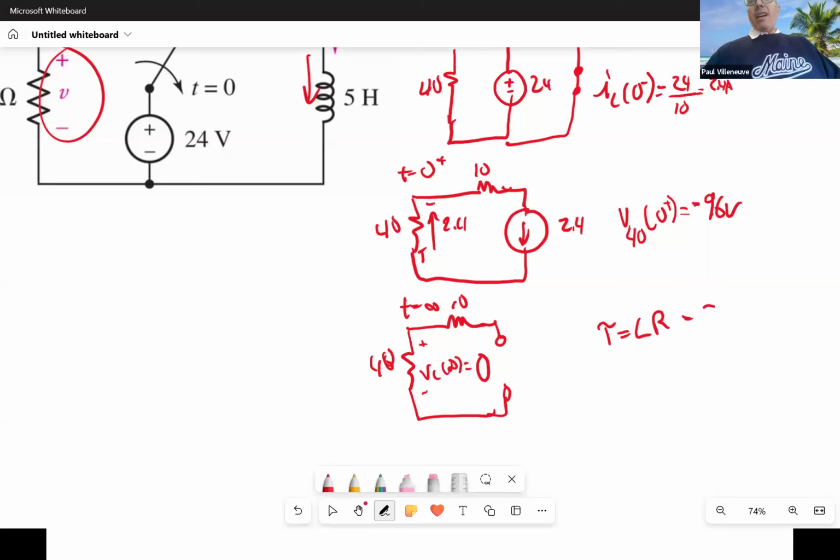It's equal to 5 Henry. What's R equal to? What is it? 50 ohms. It's the same thing. It's R Thevenin. It's the effective resistance seen by the inductor. So it's just R Thevenin. In this case, that is 50 ohms.